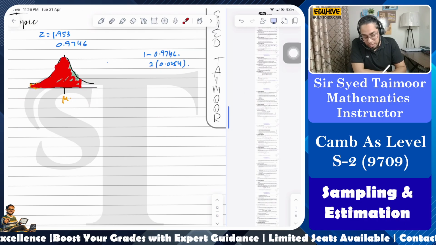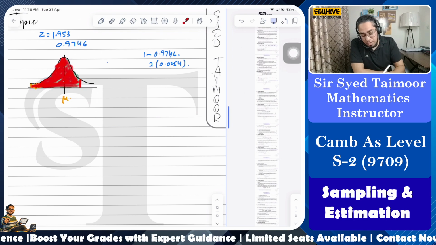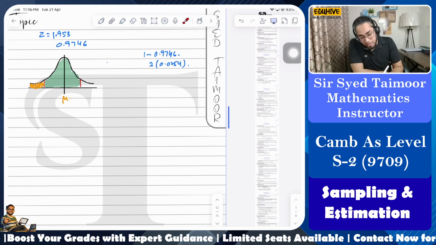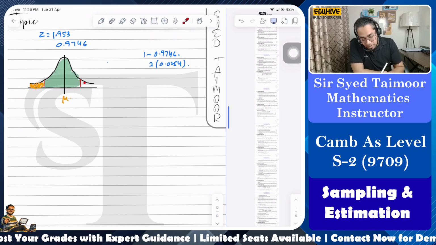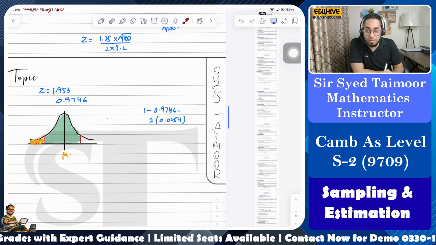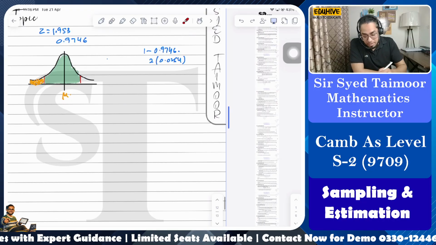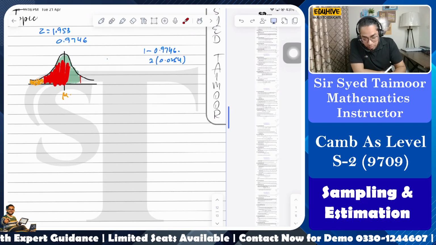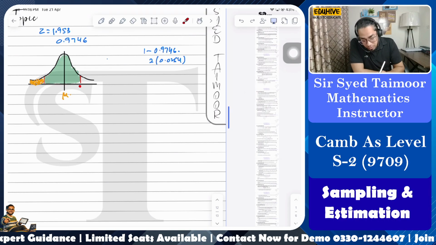So when I'm proceeding with this one, first I need to figure out that confidence interval percentage, this complete portion, and I exactly have the value which is over here.